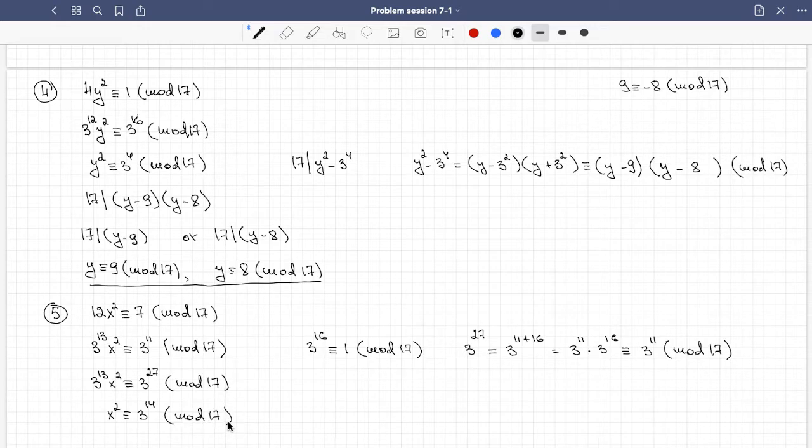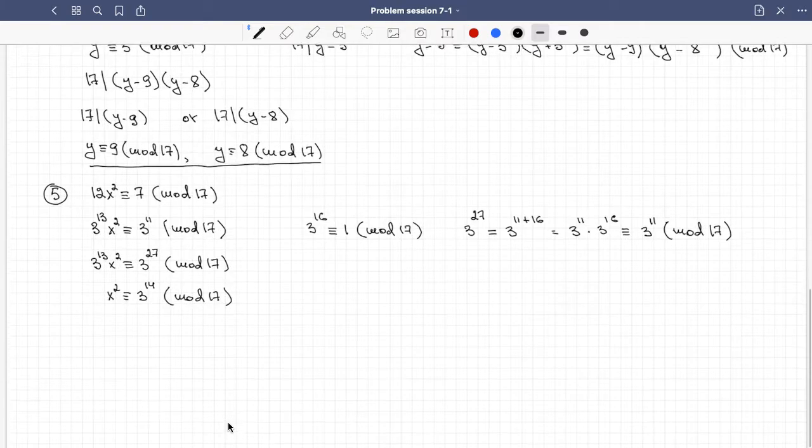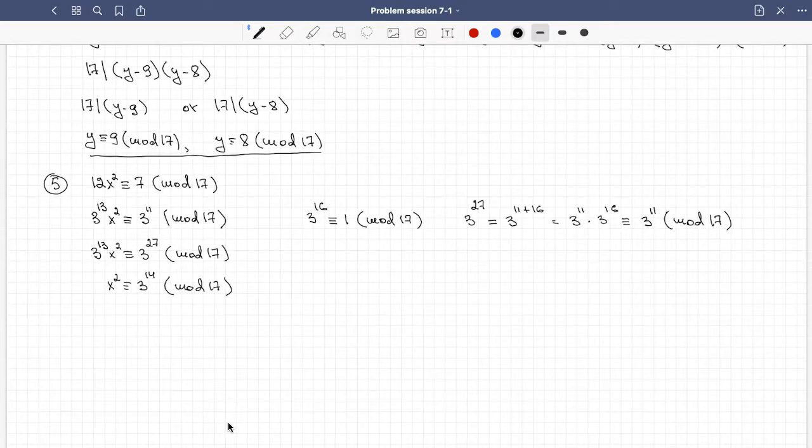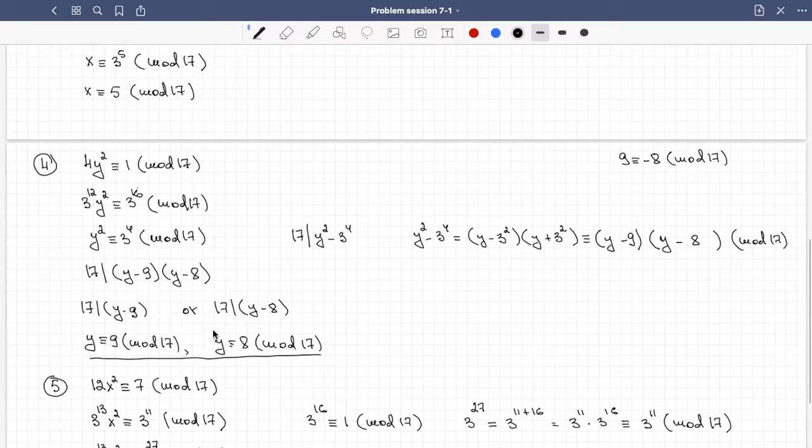We again can now do the same thing with this as in the previous problem. That boils down to 17 divides the product of x minus 3 to the 7 and x plus 3 to the 7. 3 to the 7, what is that?